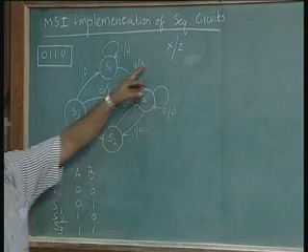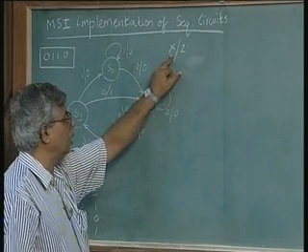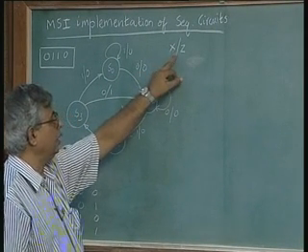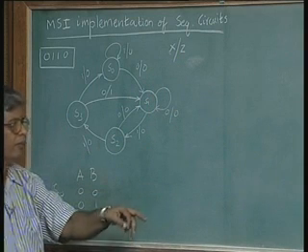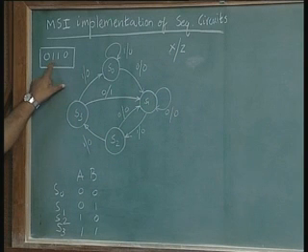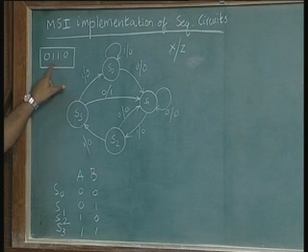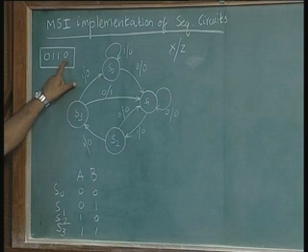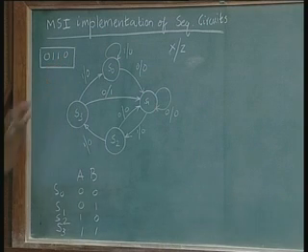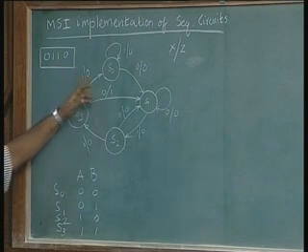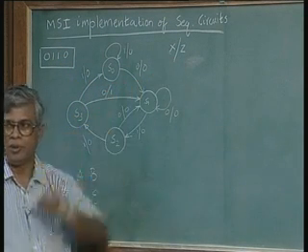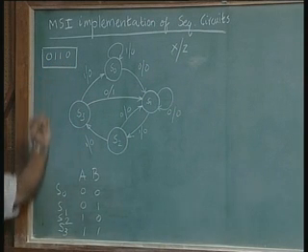The input bit stream we indicated by X and the output Z, and whenever a pattern 0 1 1 0 is obtained, Z, the output, will be 1 corresponding to the last bit of the pattern, and at all other times Z will be 0. We also said there is an overlapping pattern.